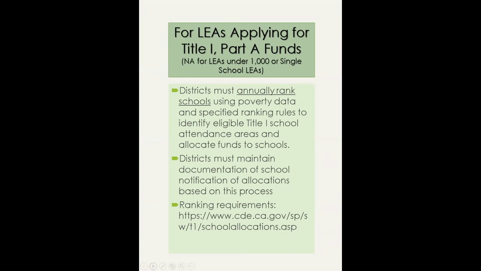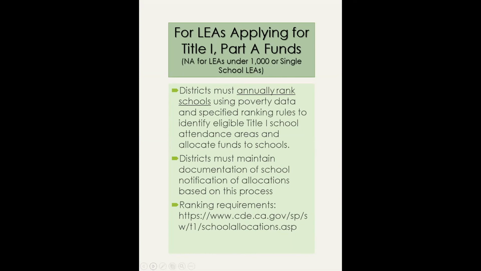You have to maintain documentation that you notified schools throughout the year of their allocation, and it's based on this ranking process. A description of the ranking requirements is on the CDE website on the Title I school allocations page, and they give you detailed information. We're just going to review a few basic things so you can get started.